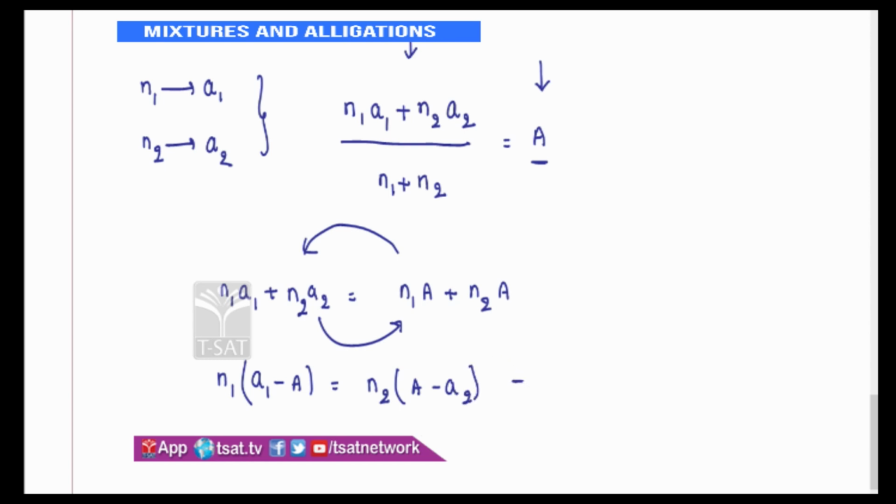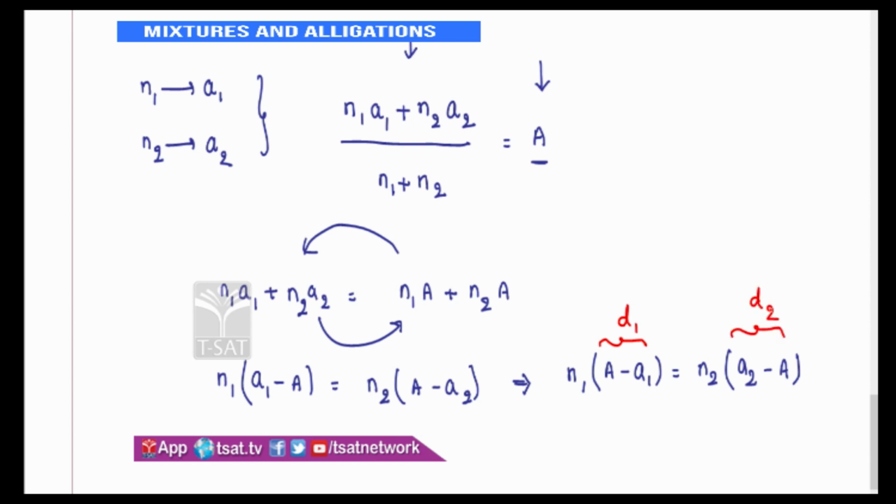If you take the negative common, you also get N1 into capital A minus A1, equal to N2 into A2 minus capital A. Say this one is D1 and this one is D2.